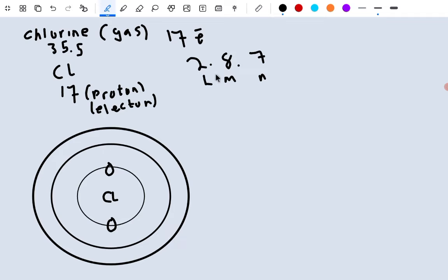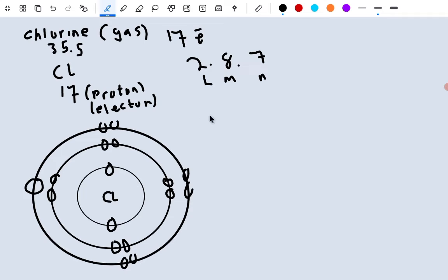Then the second shell is going to have these electrons, always occurring in pairs, 8 of them. And the last shell is going to have 2, 4, 6. Then there's one extra one, 7 here. Okay, so this is chlorine.